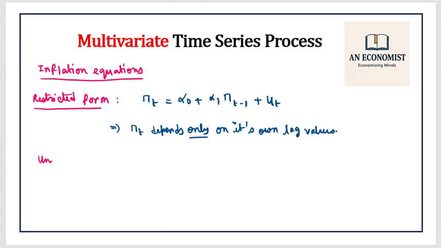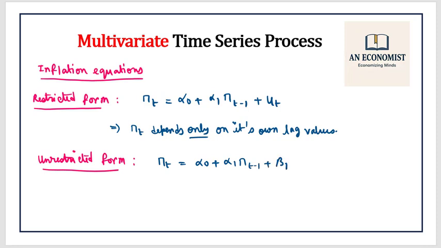And versus the unrestricted form, which looks something like this. Again, the inflation equation. Here you have alpha naught plus alpha 1 pi t minus 1 plus some beta 1 RT minus 1.